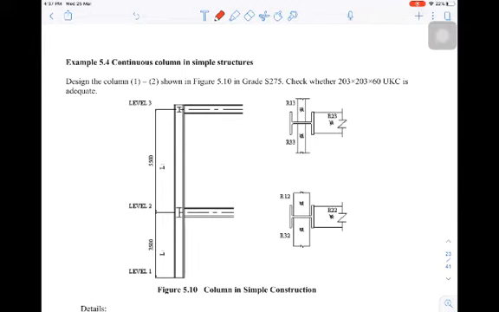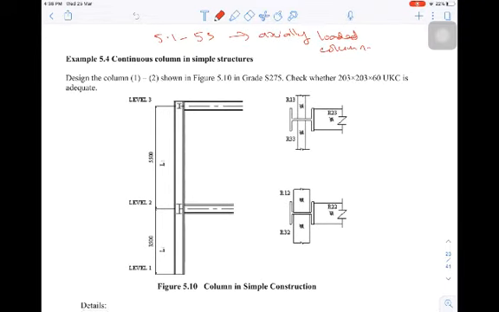Okay, this will be the last example. So far, examples 5.1 to 5.3 are all about axially loaded columns. But in this case, we are looking at an axially loaded column with moments.